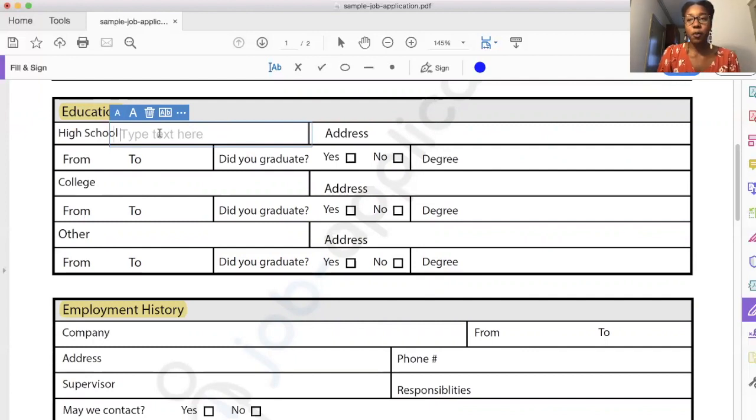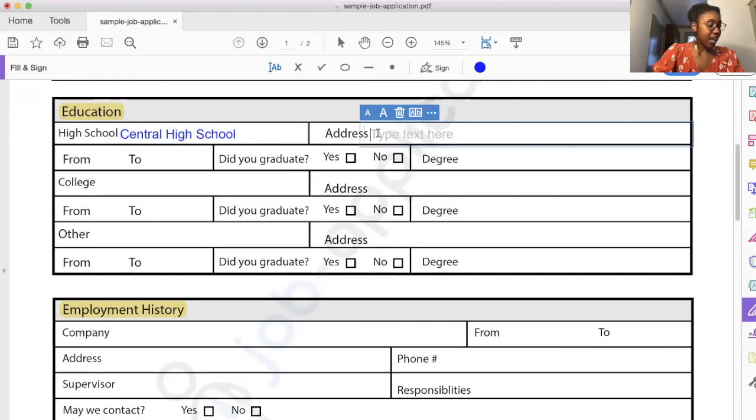So first, we will enter Sarah's high school. The name of Sarah's high school was Central High School. And we see we have a capital C, capital H, capital S. This is a lowercase s. For a name, we need capital.